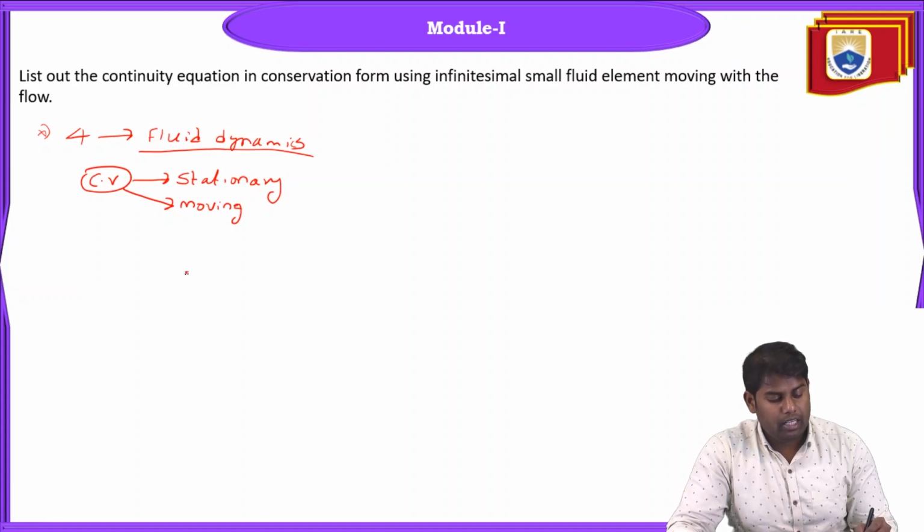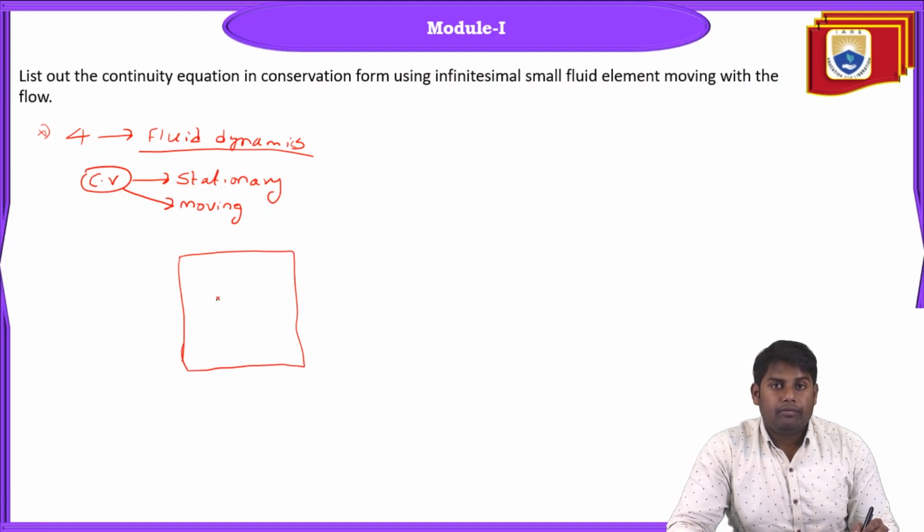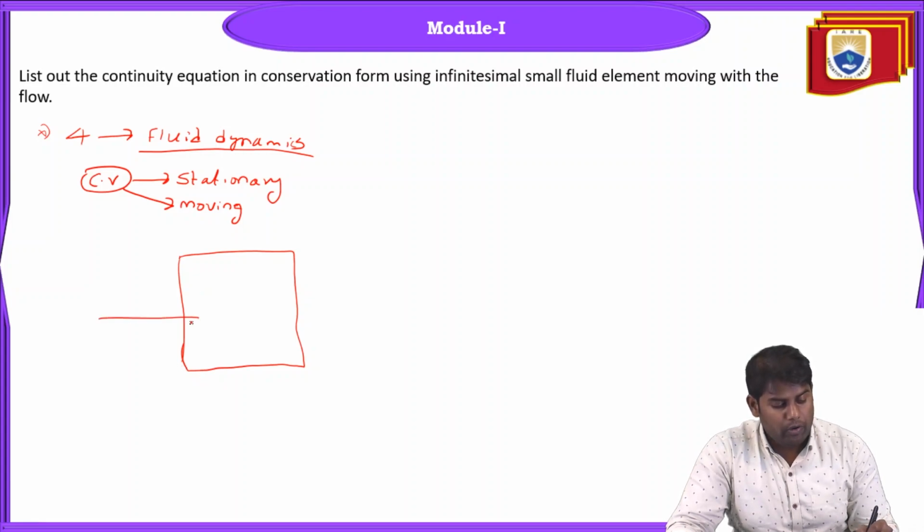Let us take a square as a control volume. One major thing is that for a control volume there is no defined shape; it can have any shape, any size, and any geometry. The control volume can be of 3 types. One is open ended, where you have flow in and flow out, which is called an open control volume.